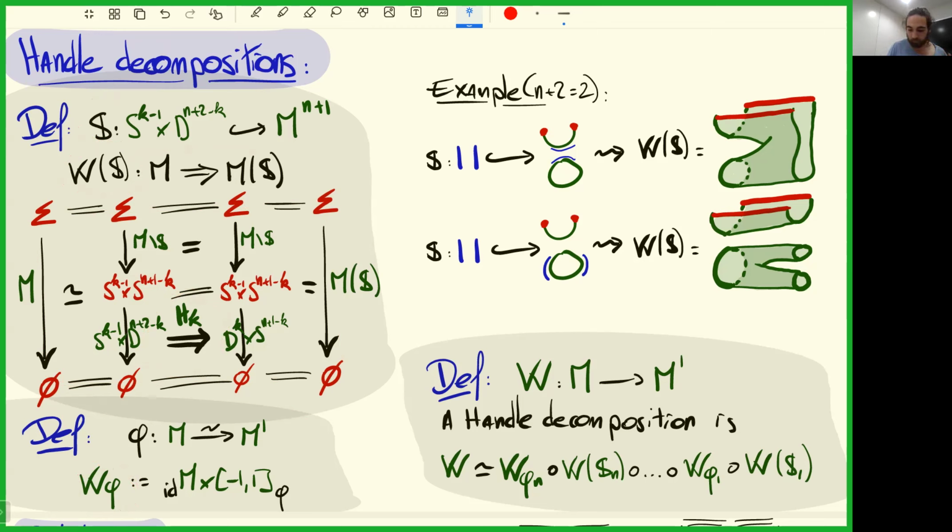So yeah, maybe one example of this. So again, I'm in n plus 1 equals 2, so I can do drawings. And so I'm going to embed two intervals. So this is S^0 cross D^1, so k equals 1, into, well, the one manifold I've chosen is this circle union an interval.